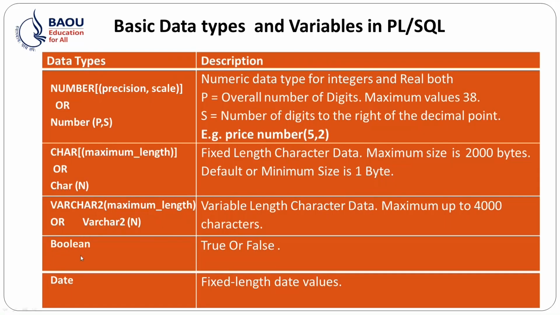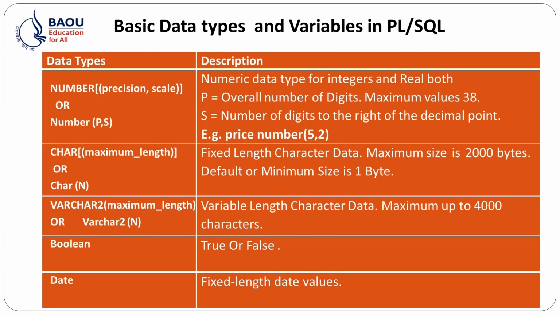Boolean data type. The Boolean data type is used to store the values true and false, and the non-value null. Null means a missing, unknown or inapplicable value.